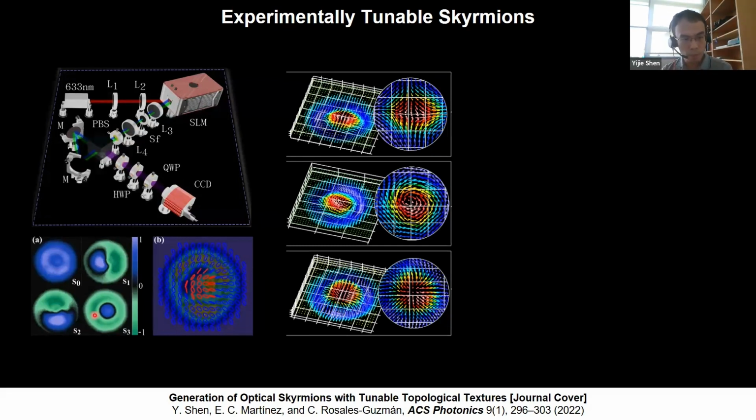We can measure, then retrieve the Stokes parameters and get a spatially varying pattern. And now we can control the above-mentioned hedgehog-like texture, vortex texture, and the saddle-like anti-skyrmion texture. Importantly, this is digital holographic control.